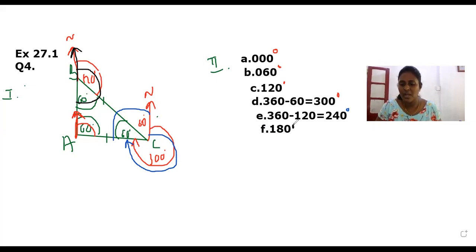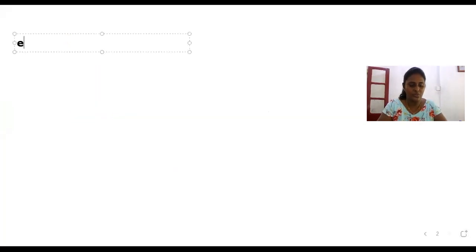For Roman number 2, the answer is 228 degrees. I said 24 or 22 like that. So please correct it. Right? Answer for first question, Roman number 2 is 228 degrees. Right? That is about exercise 27.2.